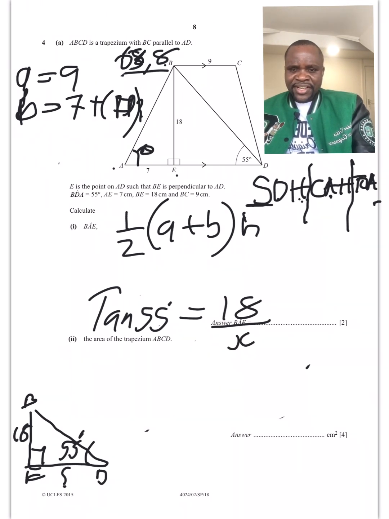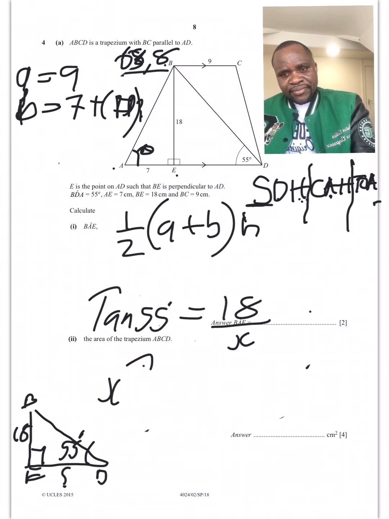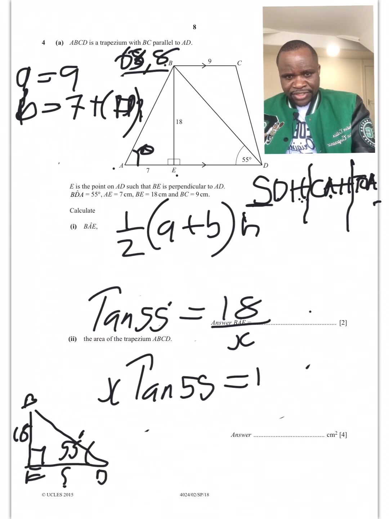Now we want x in one direction, so to get rid of x here, it will be x tan 55 is equal to 18.